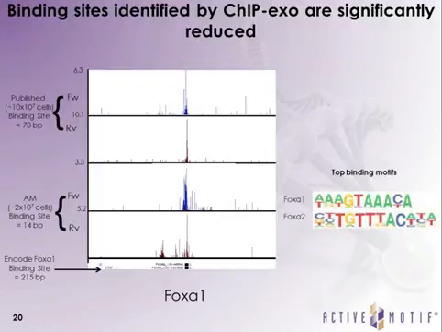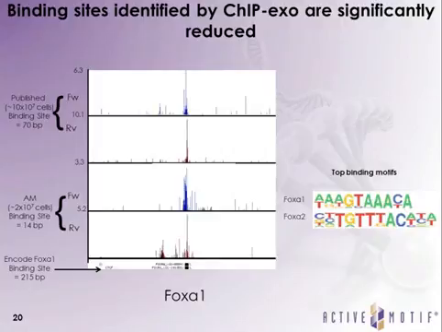Another publicly available data set that we decided to look into was that for FOXA1. As we see here, the published data set for FOXA1 used 100 million cells and identified the FOXA1 binding site to have a size of 70 base pairs, whereas Active Motif, using 20 million cells, once again our standard number, identified the same binding site to be as low as 14 base pairs.